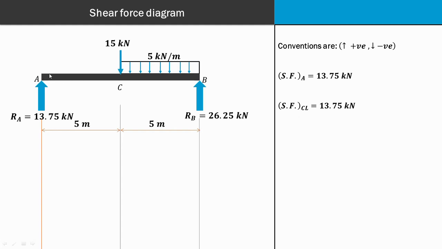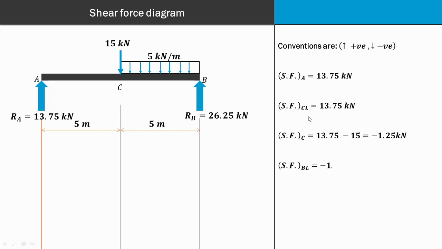There is no other force that is acting between A and just at the left of the C, so whatever the shear force that is there at A, the same will be acting at left of the C. But exactly at point C, there is a downward acting force of 15 kilonewton, and as it is downward acting, it is negative. So 13.75, that is our previous value, minus 15, so that will give minus 1.25 kilonewton.